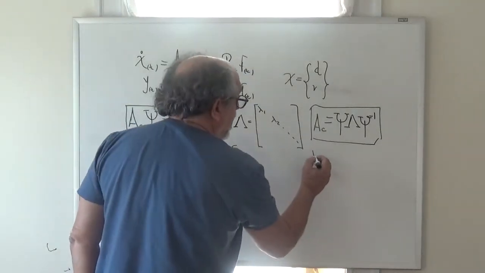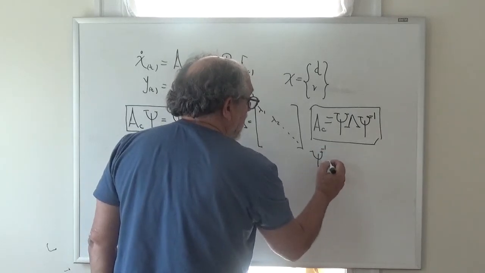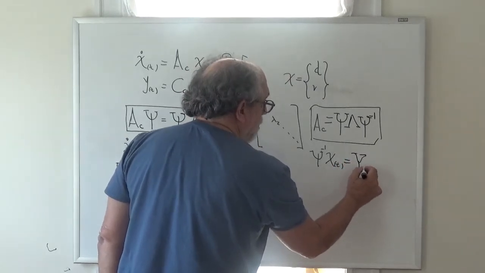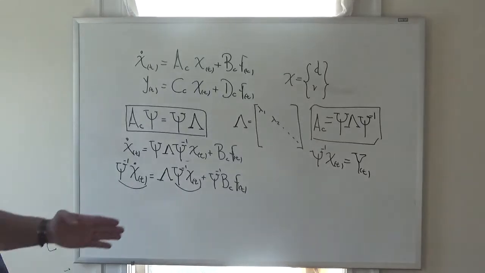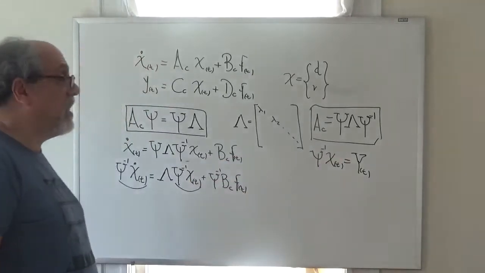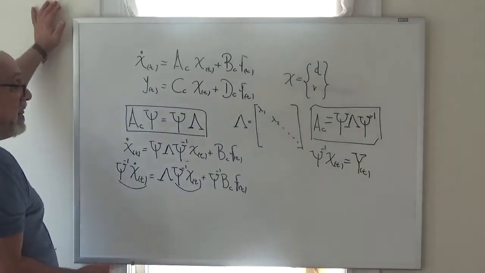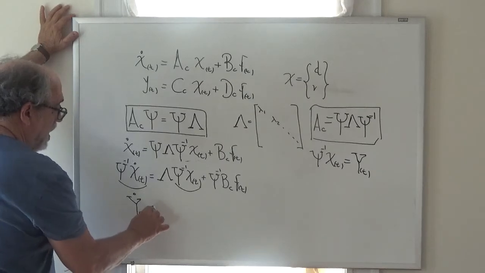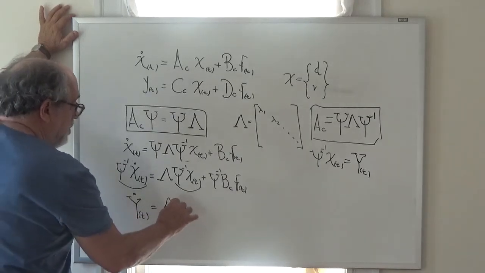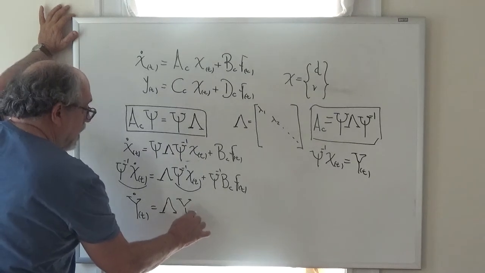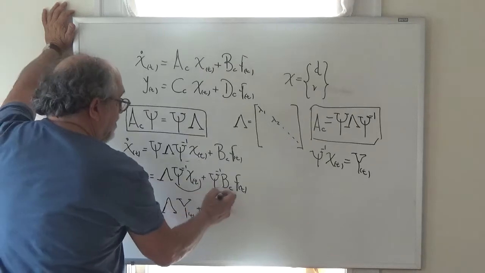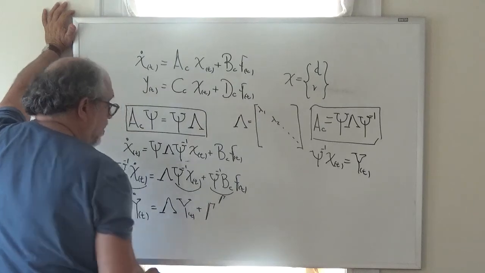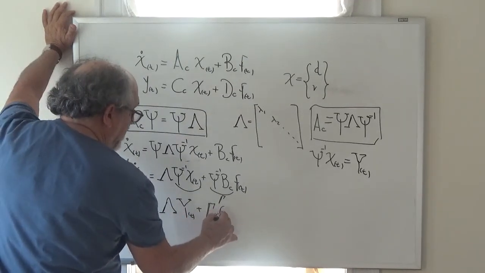So what we will do then is simply say, let's give a name to phi to the minus 1 x(t). Let's just call it y(t), right? Because that's just a matrix multiplied times the state, which just gives me another vector, right? So in that form, this becomes y dot(t) equals lambda times y(t) plus, now this is phi to the minus 1 B_c. We normally call that tau, or I call it tau. So that's tau f(t).